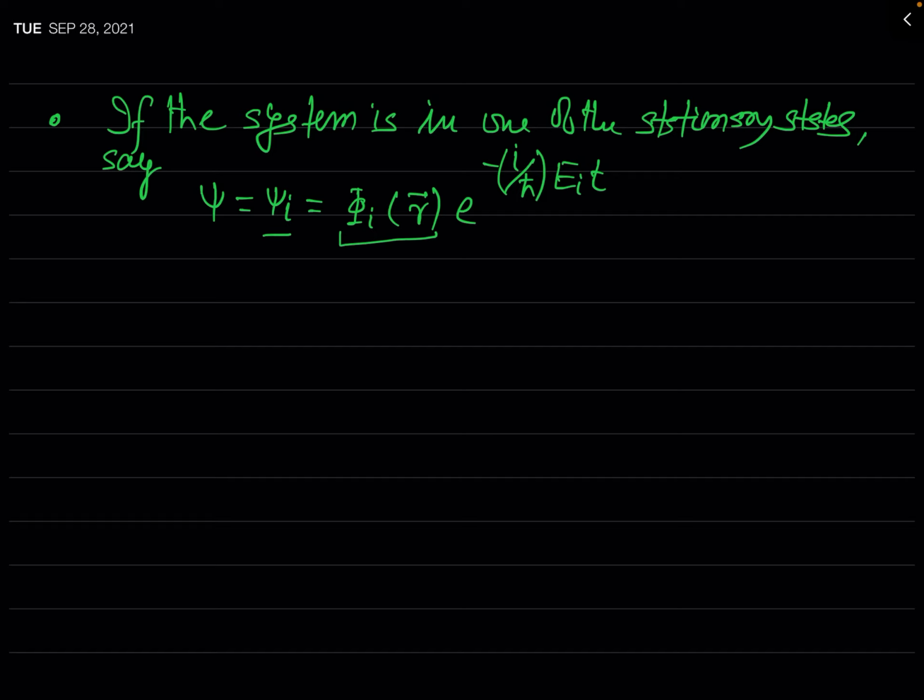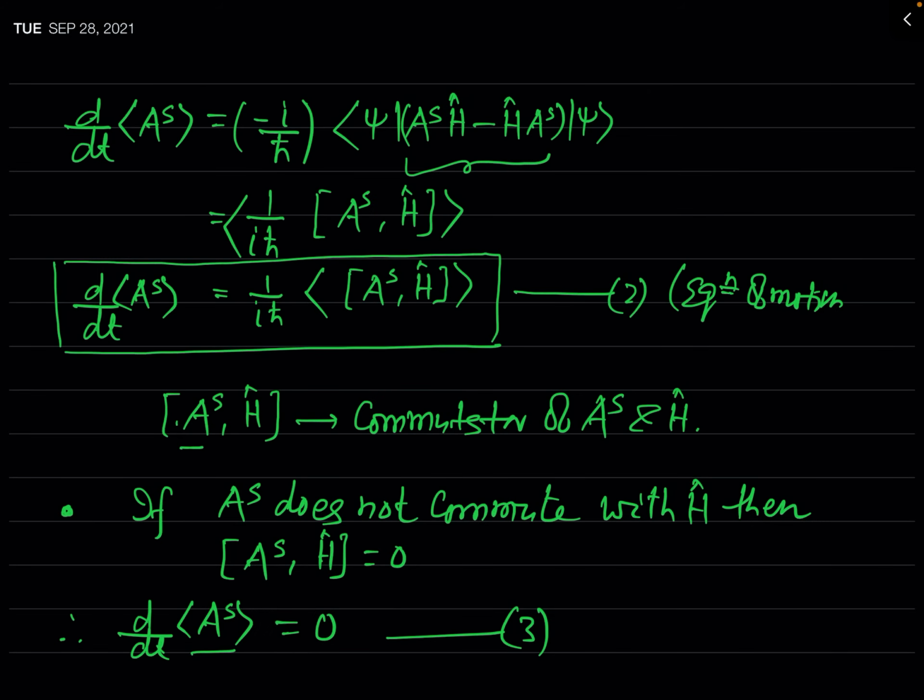To evaluate the value of this d/dt of A, let us try to find the value of this factor. If you calculate the value of this factor, then it will be easy to calculate the value of d/dt of the expectation value of A. So let us try to find it.